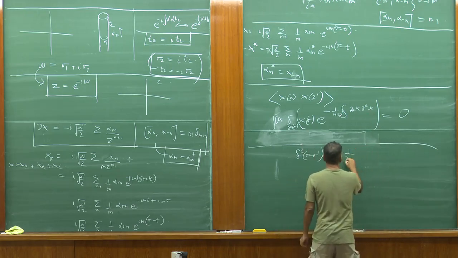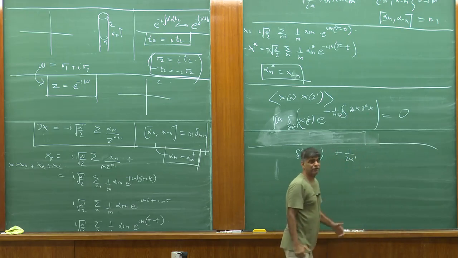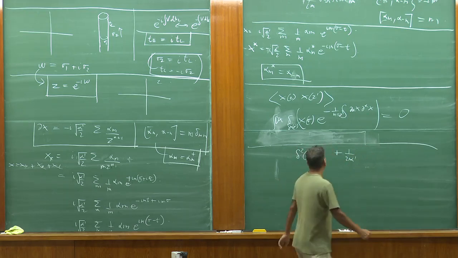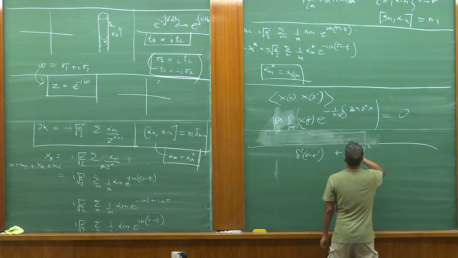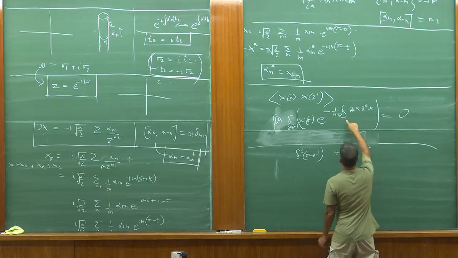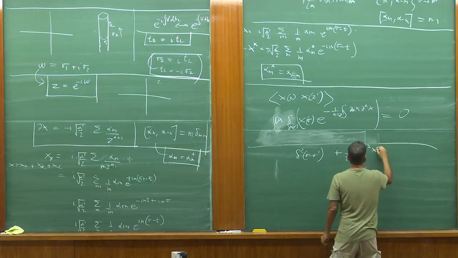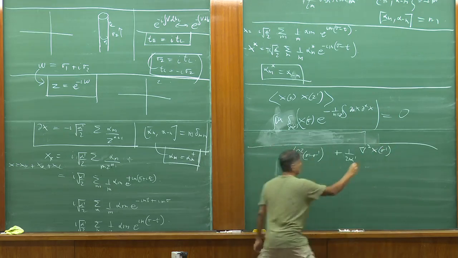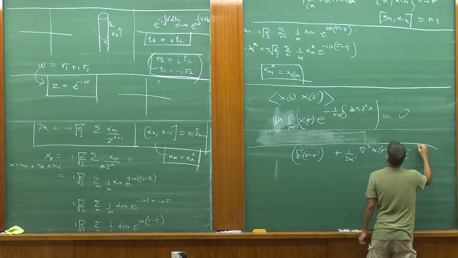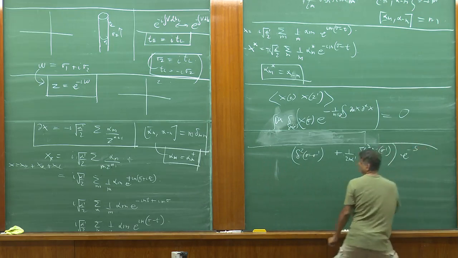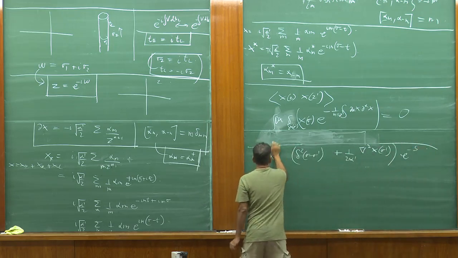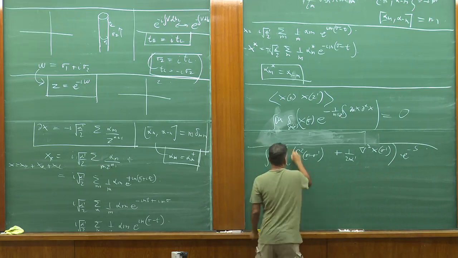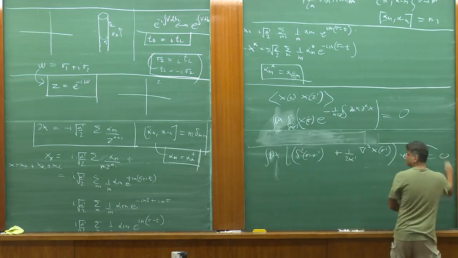We get 1 by 2 pi alpha prime, 2 pi from 4 pi because there were two terms. And then we get del squared of x at sigma prime, into e to the power minus s, dx, this is equal to 0.